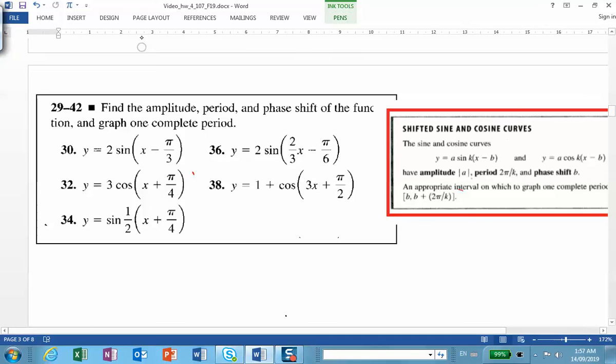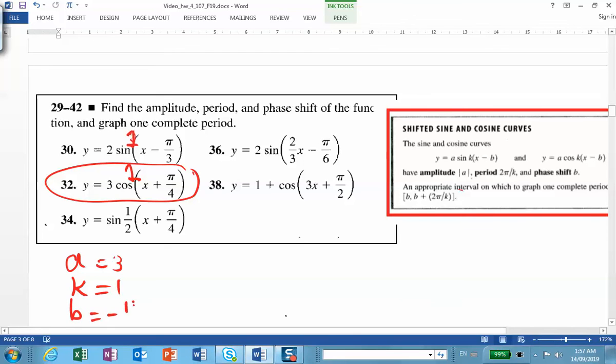This is our problem. So the amplitude is 3. The factor k in front of that parentheses is 1. Okay, remember it was also 1 here. That's why it didn't matter. This is 1. And notice that b is minus pi over 4.